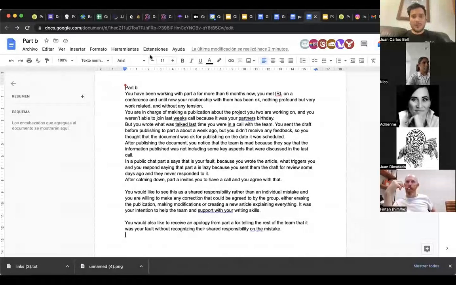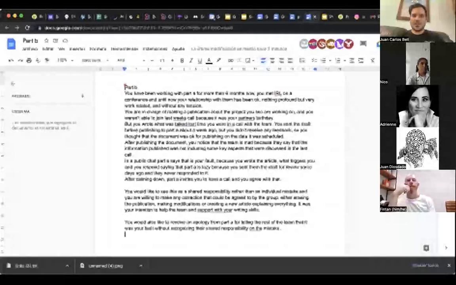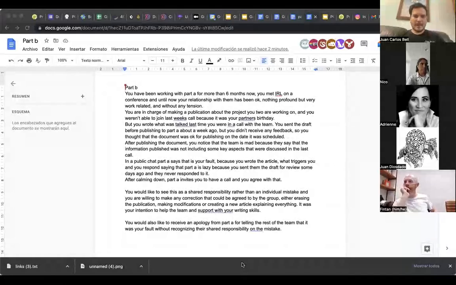I don't know if it would be better to make it 1 and 1. I think it could be a little bit messier. So just for educational purposes, we are going to have two parts A and two parts B in each room.